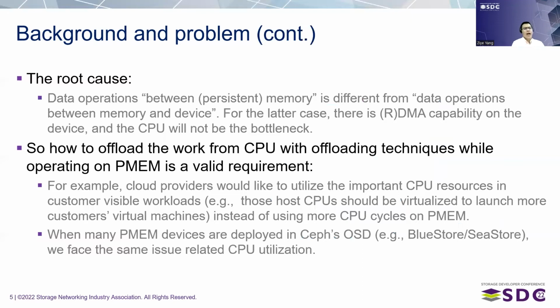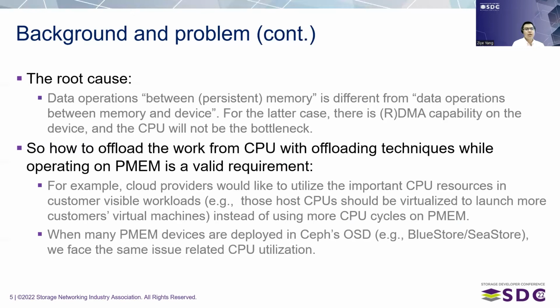The root cause is that data operations between memory and persistent memory are different from data operations between memory and a device. In the latter case, we know there is DMA or RDMA capability on the device, and the CPU will not be the bottleneck.